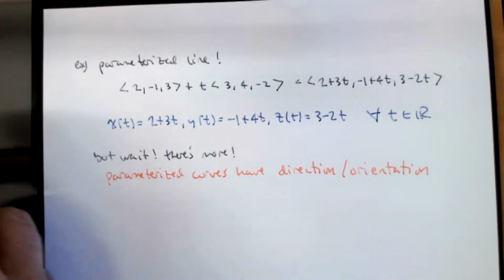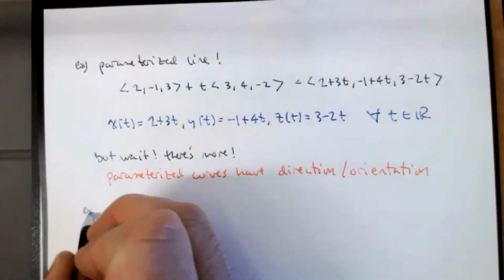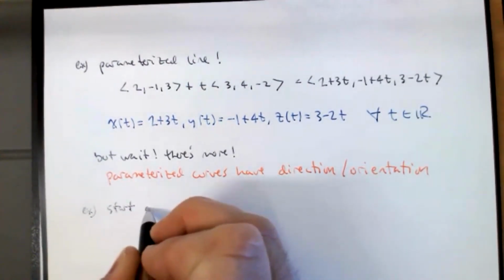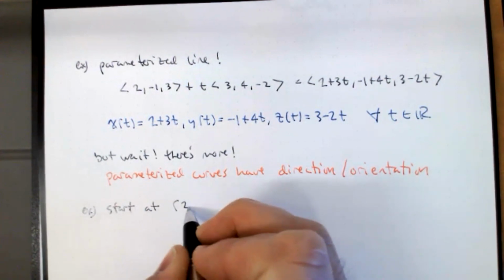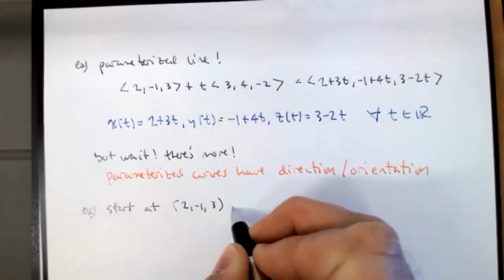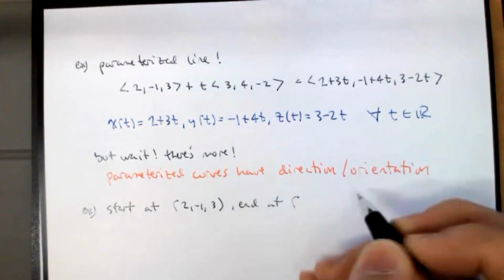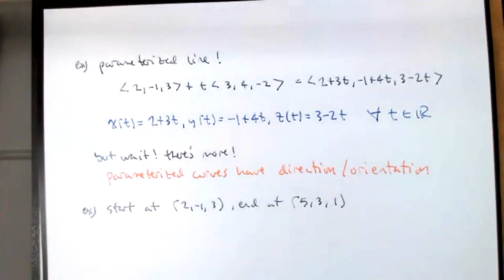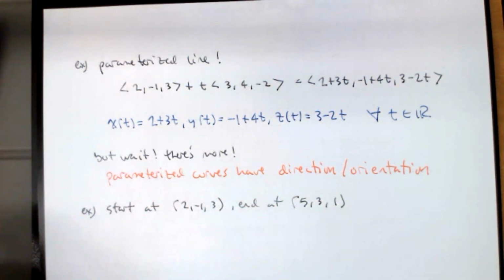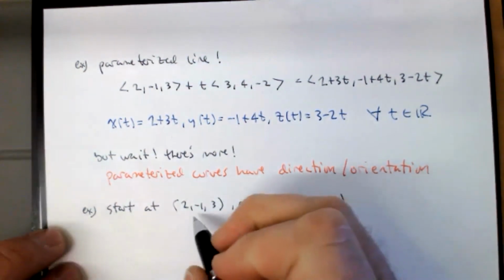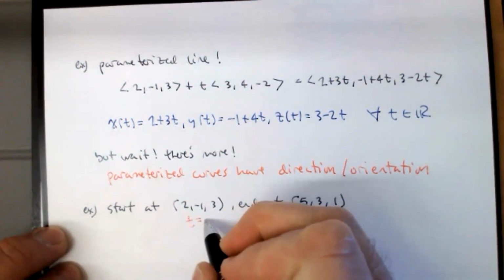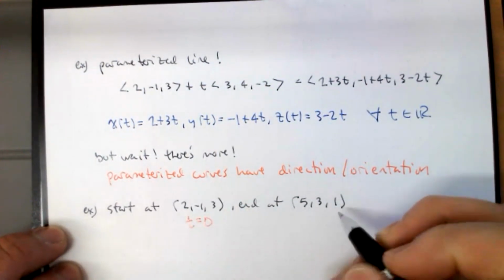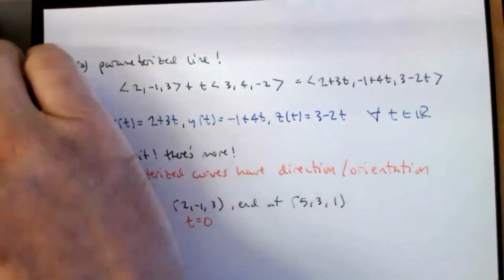So for example, we can start at -1, 3 and end at 5, 3, 1. We're assigning a direction by saying, here's our starting point. This should be what happens when t is equal to 0. And we should be at 5, 3, 1 by the time t is equal to, let's say, 1.